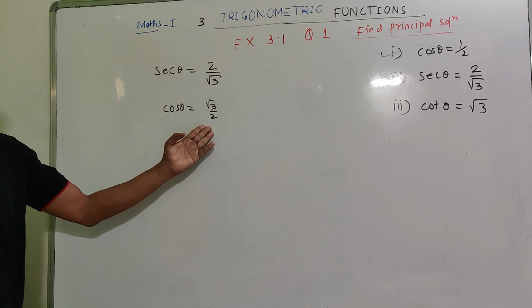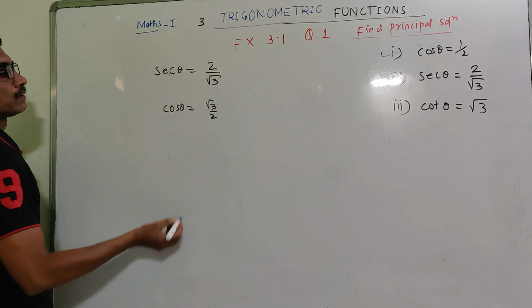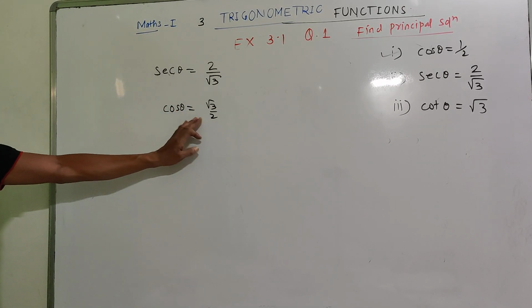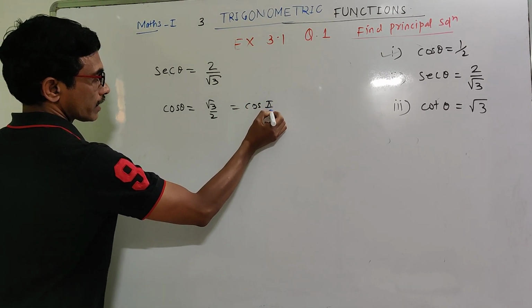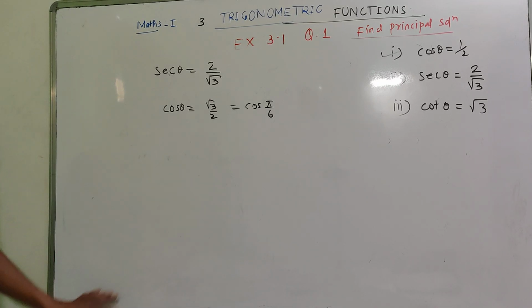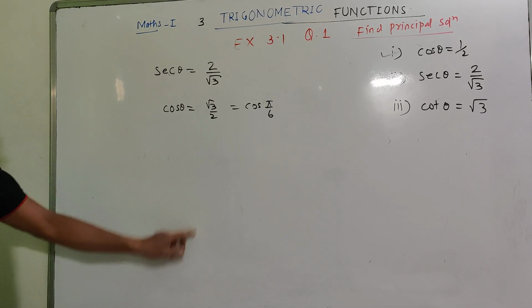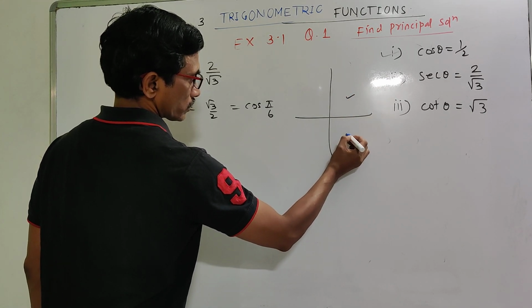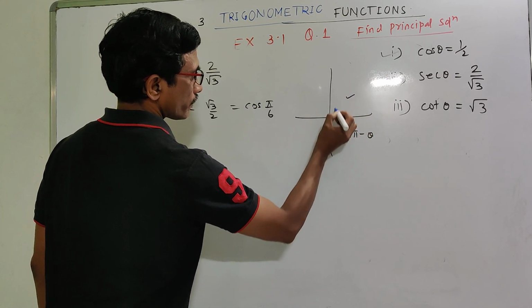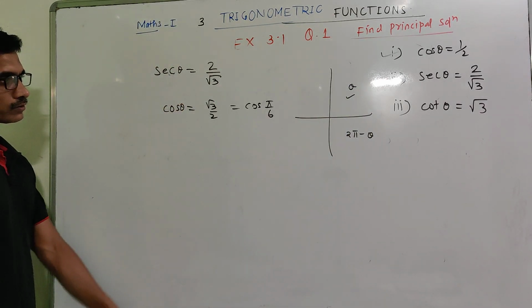You know the angle theta is equal to 30 degree. Cos of 30 degree is root 3 by 2. So it is cos of pi by 6. Further it is positive, so cos is positive again in first and fourth quadrant, that is theta and 2 pi minus theta.